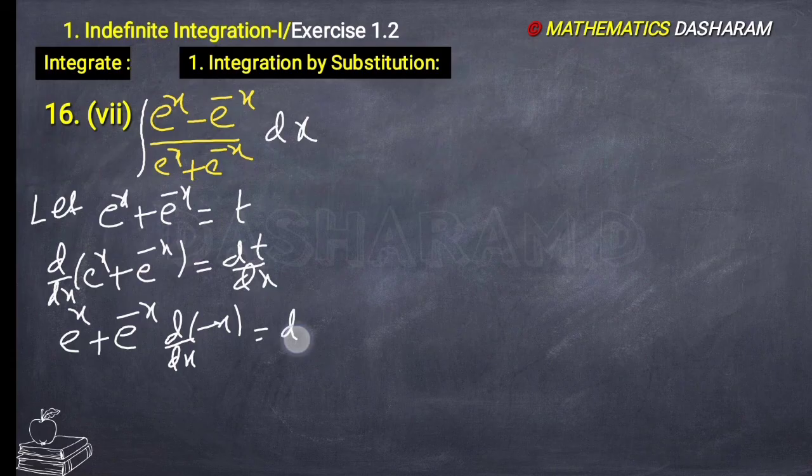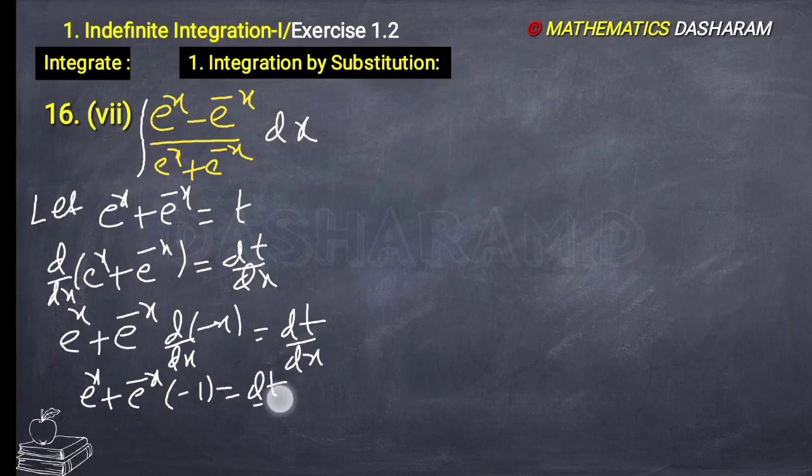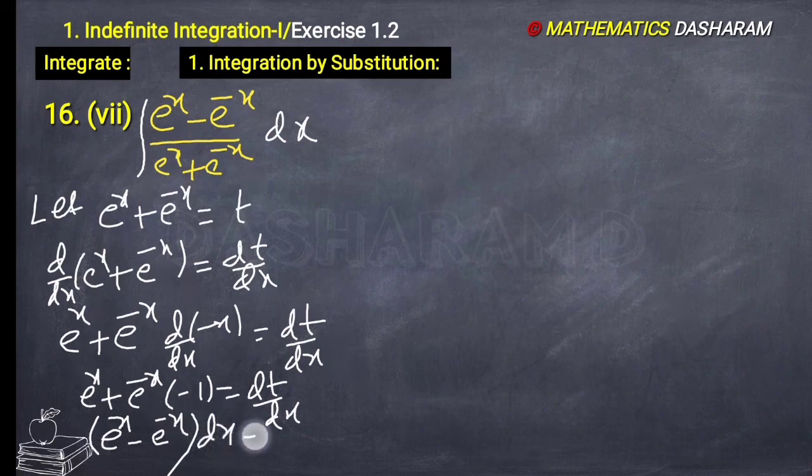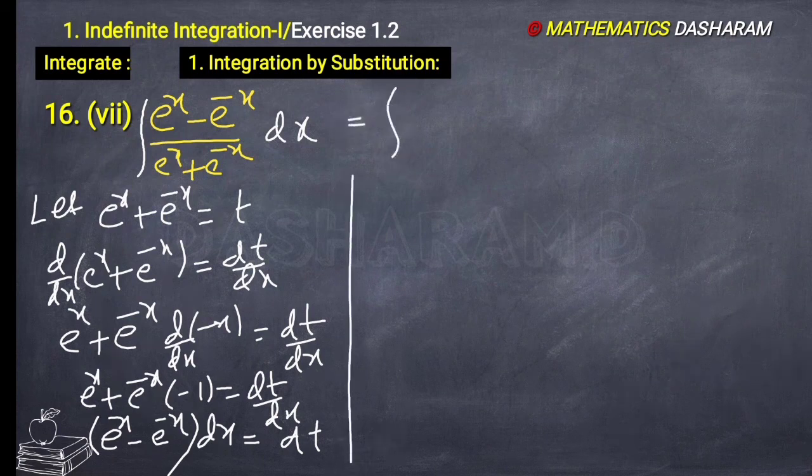So it is equal to dt by dx. So e power x plus e power minus x times minus 1 is dt by dx. Then e power x minus e power minus x, and dx transposes to the left side, is equal to dt.